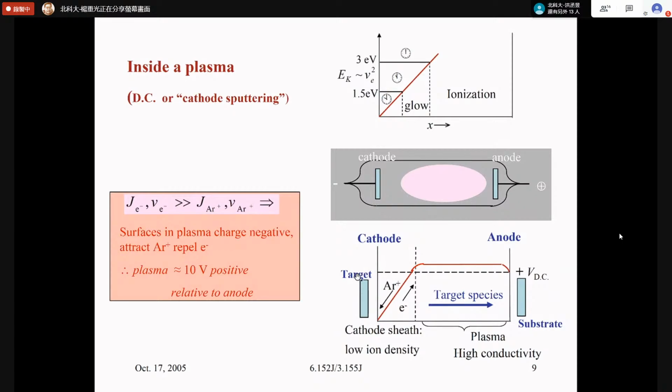You put the target here, and then the target species come out to the substrate. So this is the theory of sputter. The argon ion hits the target, and the target species come out.